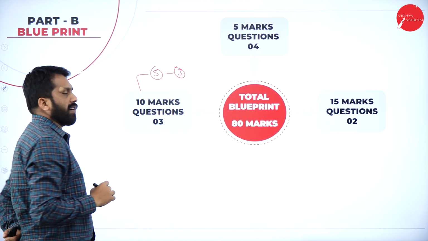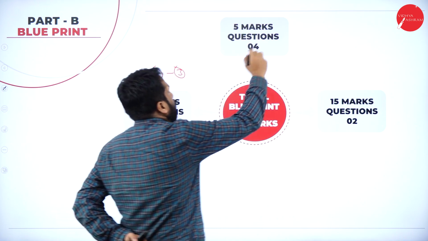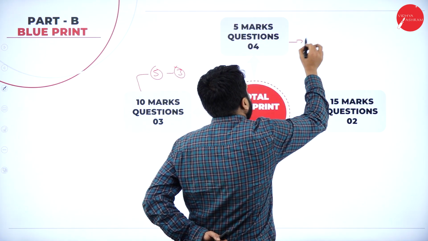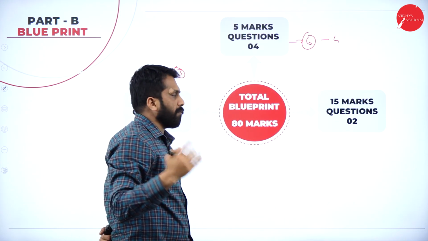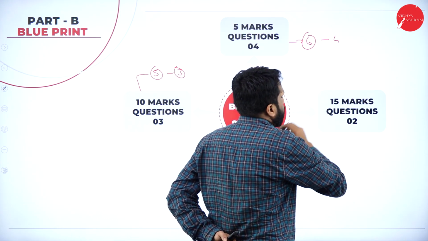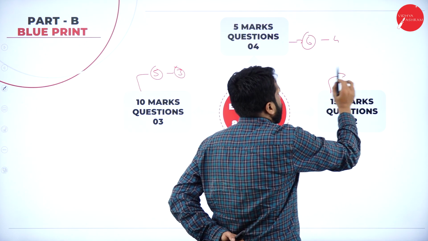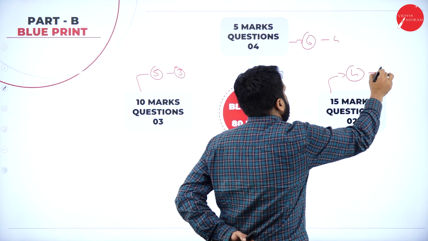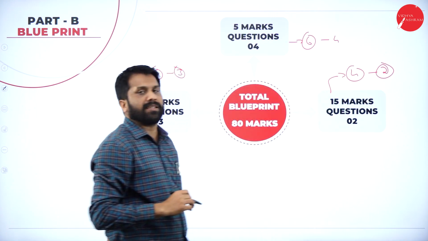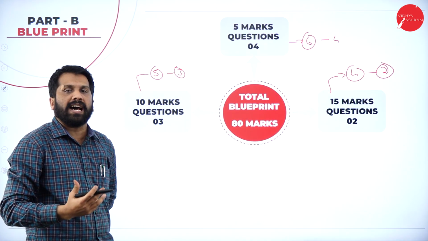You are supposed to attend any 3. 5 mark question will be given 6 and you are supposed to attend any 4. And your 15 mark question, they will be given any 4, out of which you are supposed to attend any 2. These are the marks allotted.